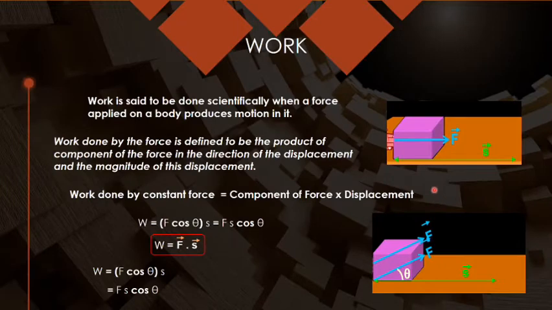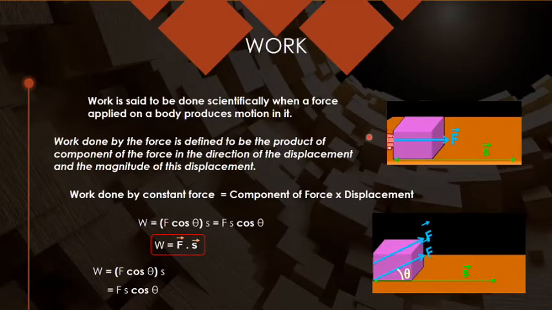The basic definition should be clear to all of you. Work is said to be done when a force applied on a body produces motion in it. It means I am applying the force, and by the application of force I am able to move the body. Then only I will say that work is done.